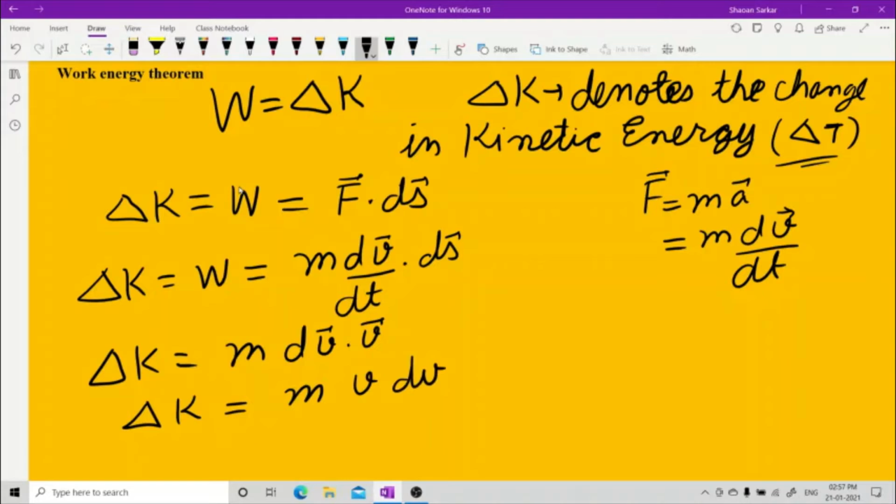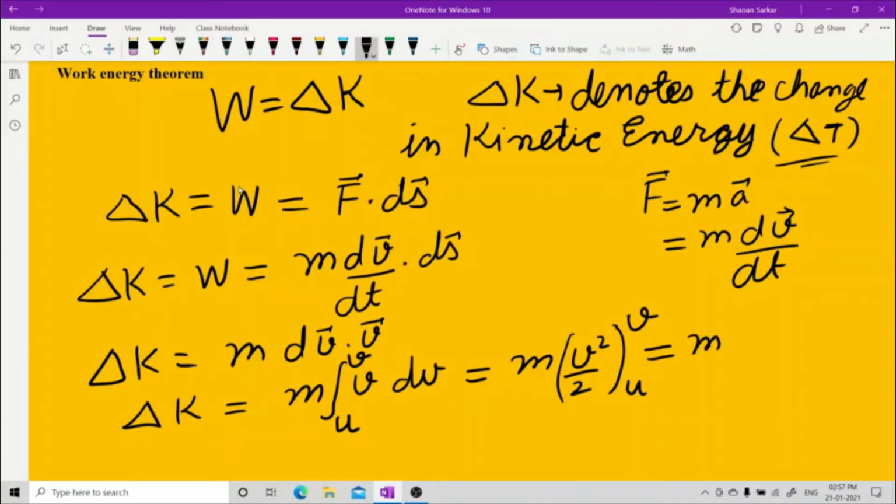Now, we will integrate this equation from initial velocity u to some V. On integration, as I've already told you in the other chapters a number of times, this will become mv square by 2. Now you put the lower limit and the upper limit, so this becomes mv square by 2 minus mu square by 2.